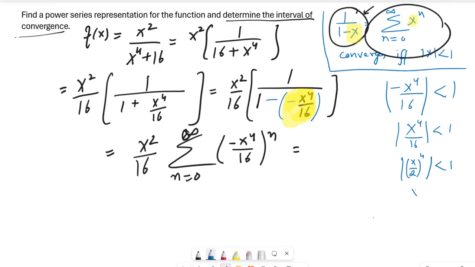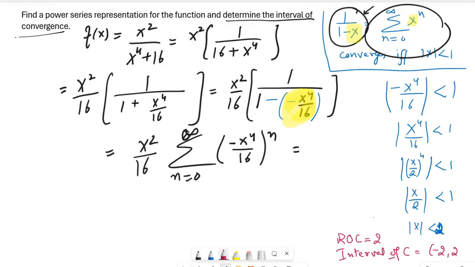Taking the fourth root on both sides, x by 2 should be less than 1. So that means the absolute value of x should be less than 2, by multiplying both sides by 2. Therefore, my radius of convergence is equal to 2 and interval of convergence is equal to negative 2 to 2.